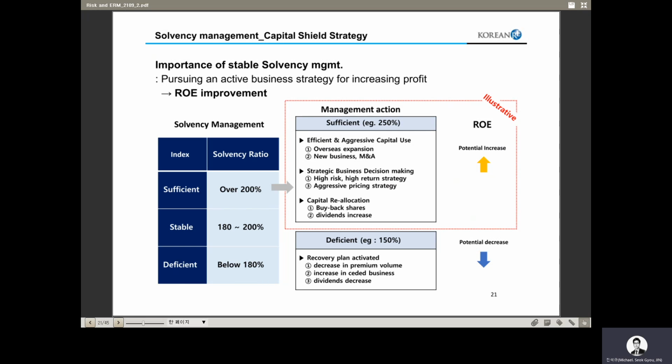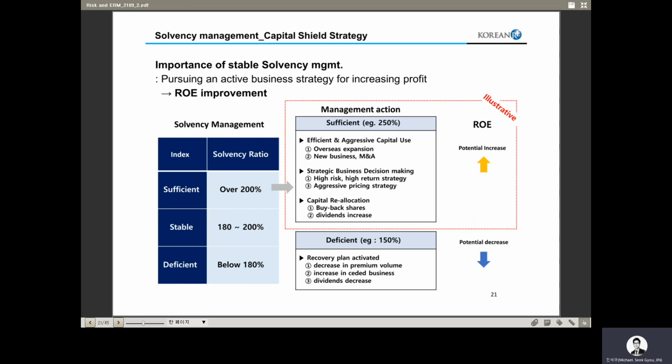Normally, a reinsurance company would have three different statuses in terms of solvency ratio: sufficient, stable, and deficient. We are pursuing a stable status, such as a 180 to 200% ratio.